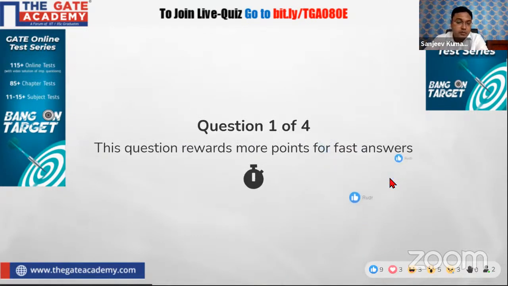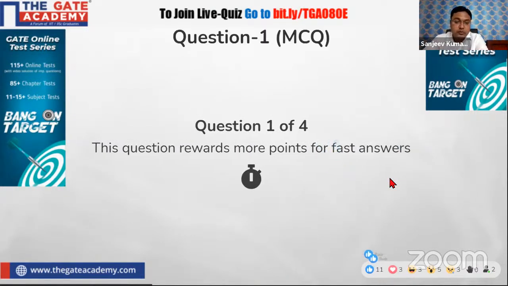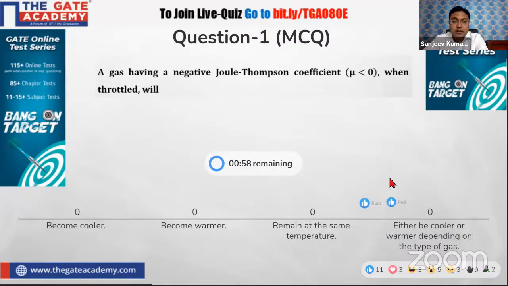So this is question 1 of 4, the first question out of 4 questions. A gas having a negative Joule-Thomson coefficient. This is also known as the Joule-Kelvin coefficient. Mu is less than 0. Mu is known as the Joule-Thomson coefficient. When throttled, what will happen?